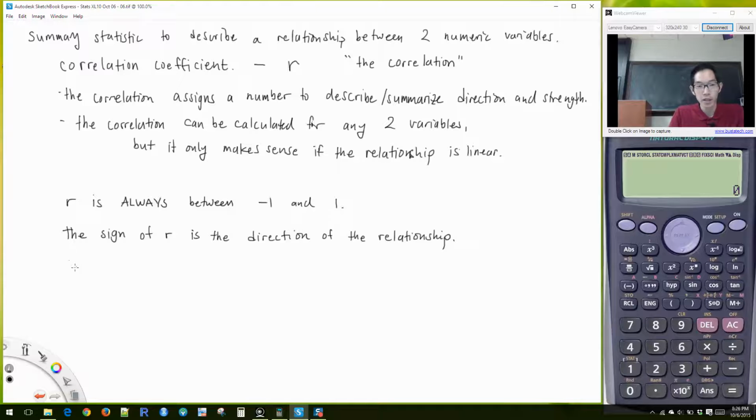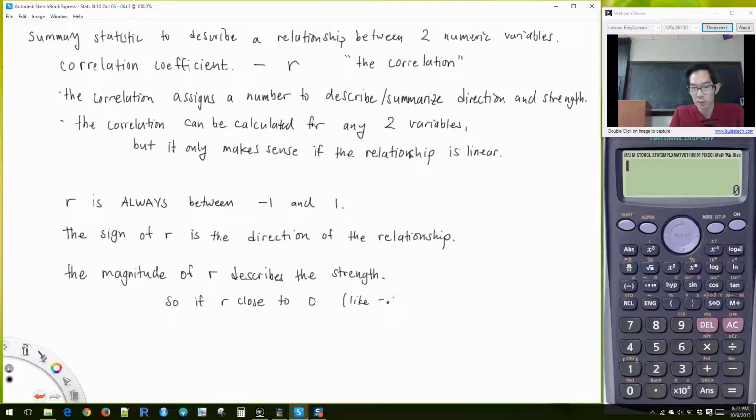Okay? And then the magnitude of R describes the strength. Okay? So if R is close to 0, like negative 0.2 or 0.15 or something like that, the relationship is weak.